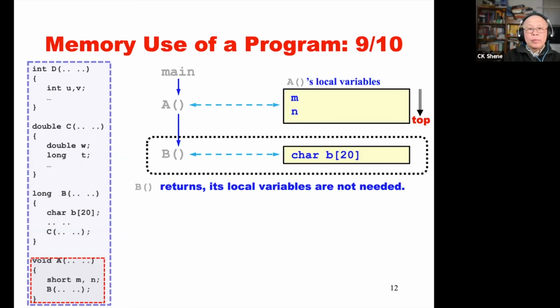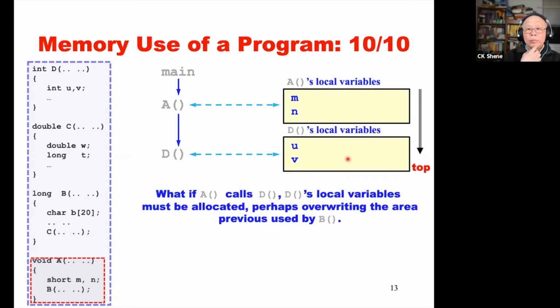Then when B returns to A, the local variable area for B can be freed, and the top pointer goes back to A. So as you can see, the coming and going of the local variables of functions simply follows a stack operation.